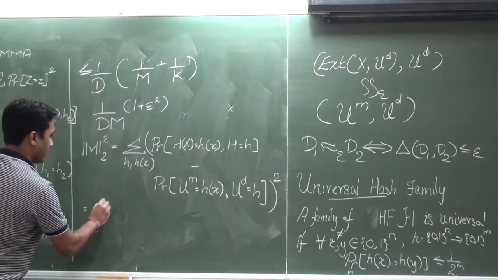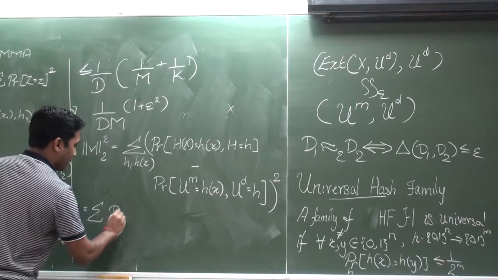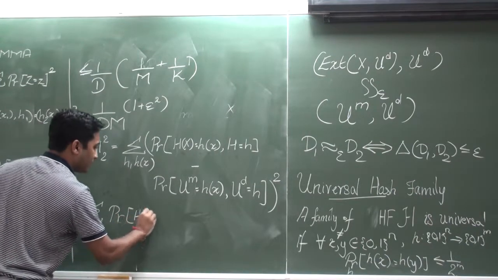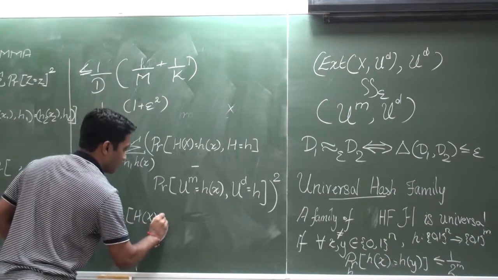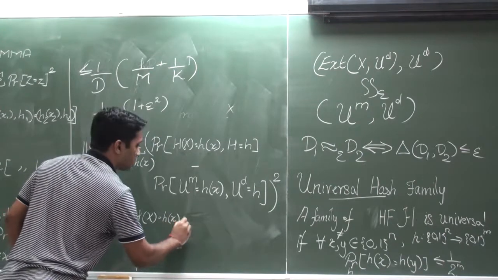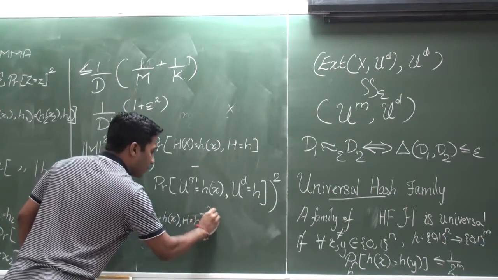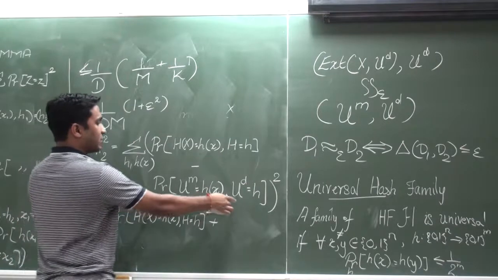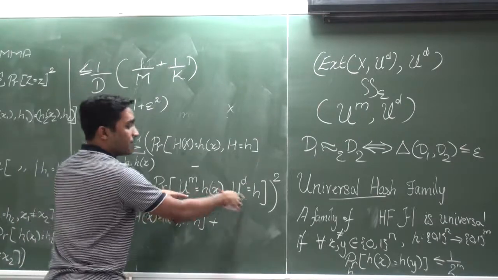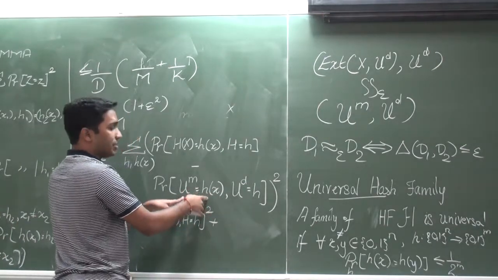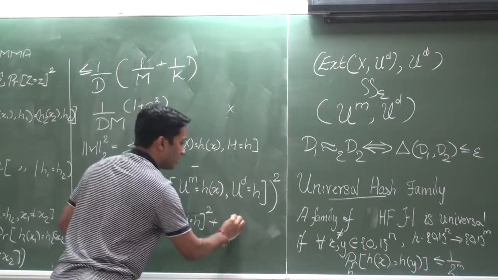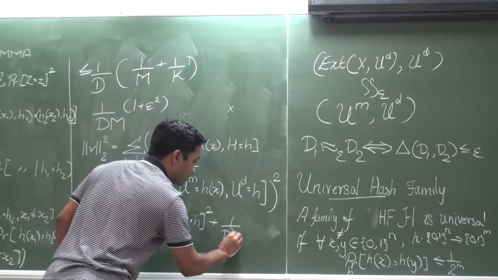So this is equal to again the summation of the probability of h of x, plus this square. This is like uniform. How many elements are over here? 2 raised to m, 2 raised to d. So 1 by d square m square.